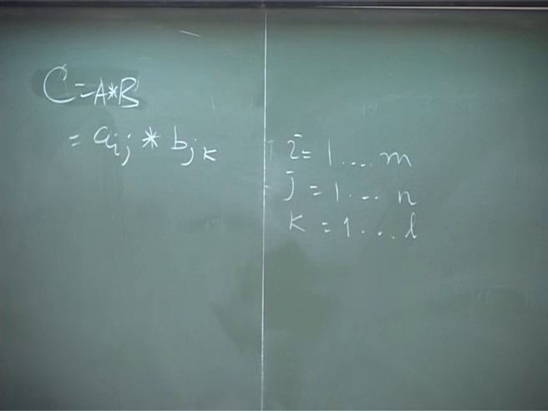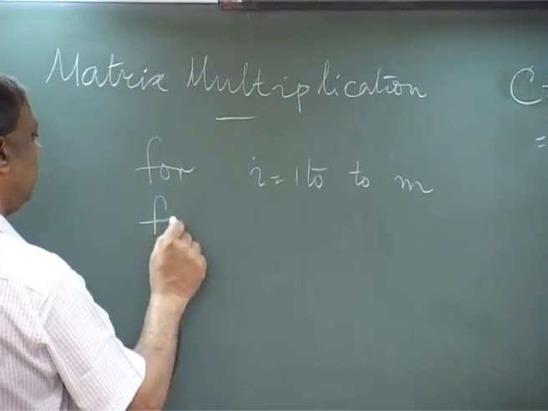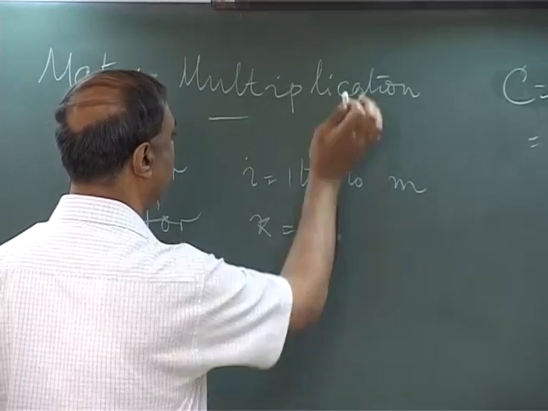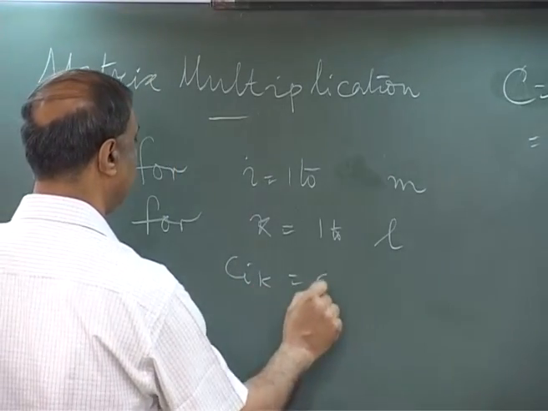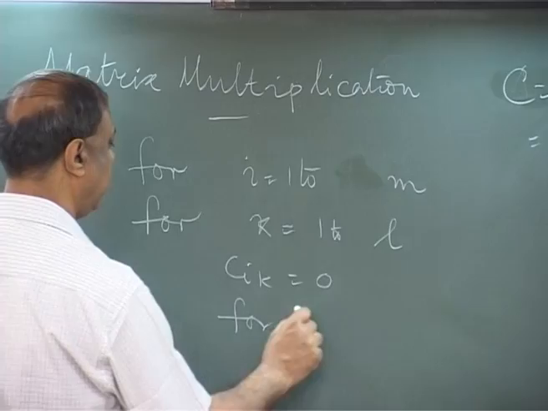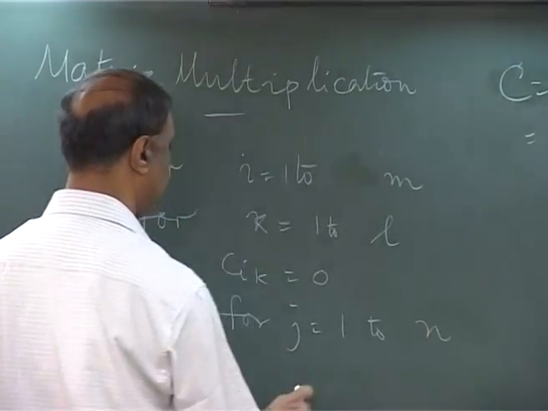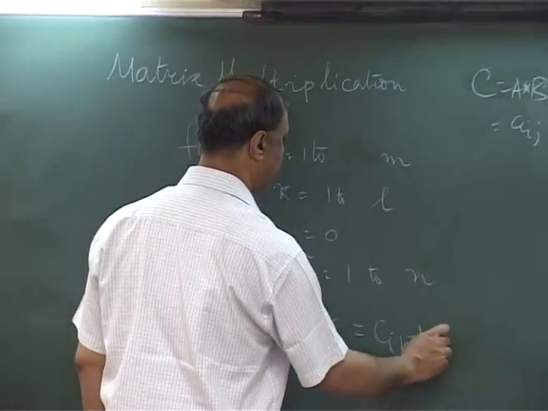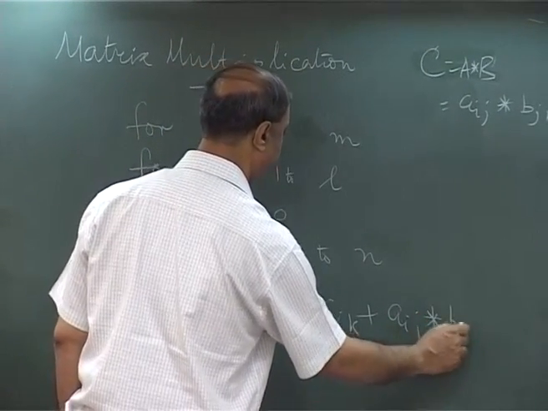For i equals 1 to m, for k equals 1 to l, Cik equals 0, for j equals 1 to n, Cik equals Cik plus Aij star Bjk.